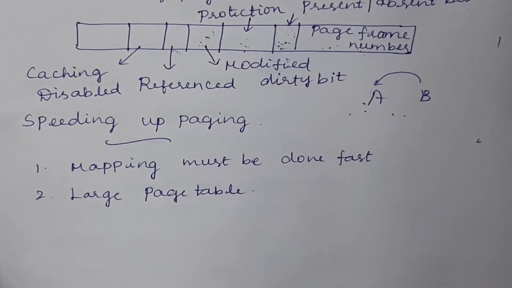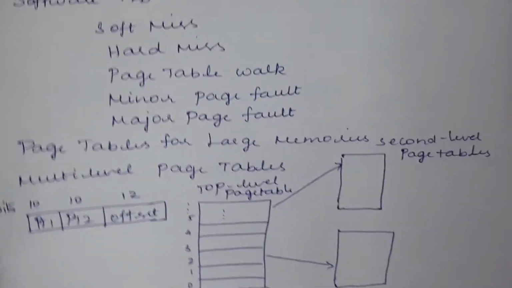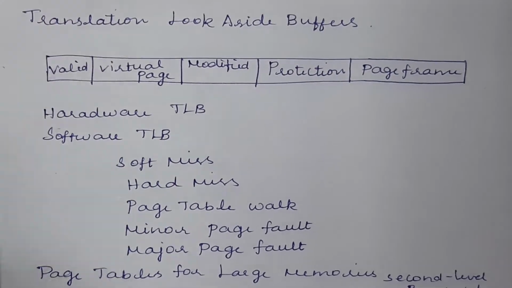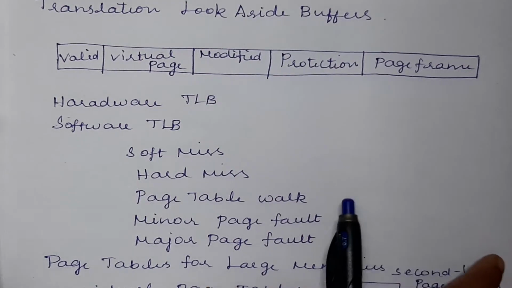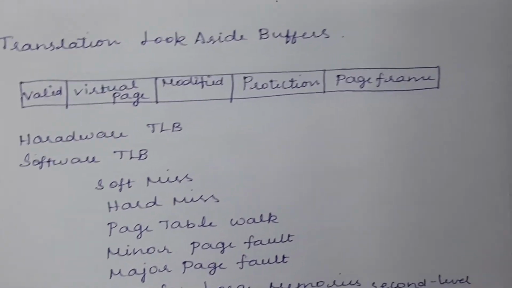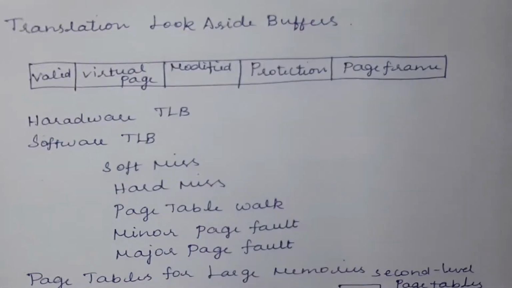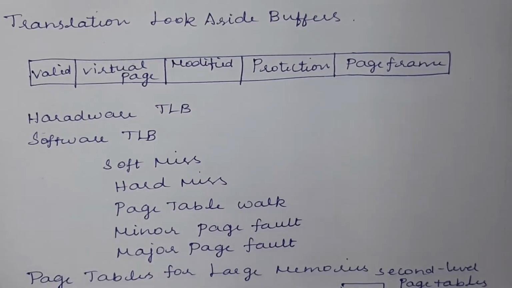So we have another concept called the translation look aside buffer, which is nothing but TLB. It is a kind of temporary storage for storing pages. Instead of going to the page table, which is not necessary for executing a simple instruction and takes more time, we implement a hardware process with the CPU itself.